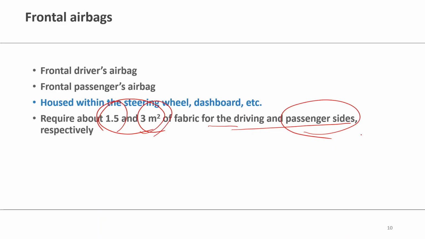The passenger side requires a little bit larger size, because the steering wheel is placed close to the driver, so we need a lower area, a small size airbag. But for the passenger the dashboard is a little bit away, so we require a larger airbag. That is why these sizes are different.